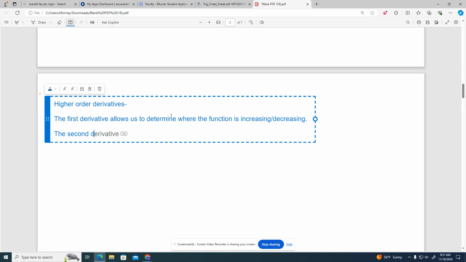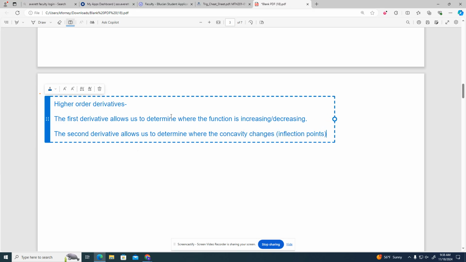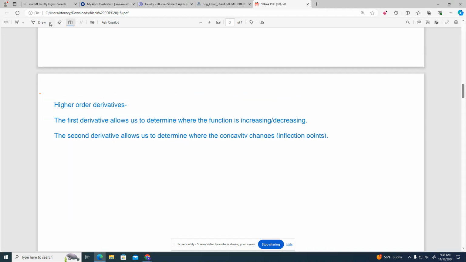The second derivative allows us to determine where the concavity changes, inflection points. Okay, so that's just some notes.